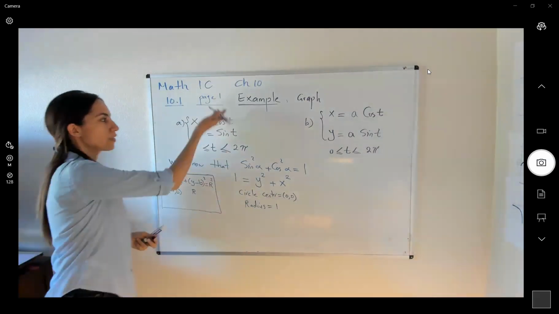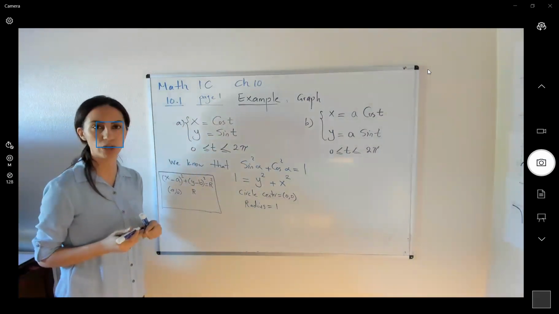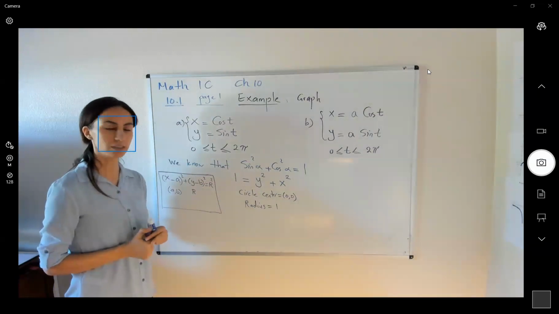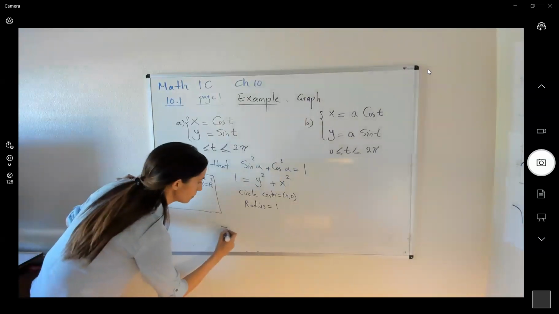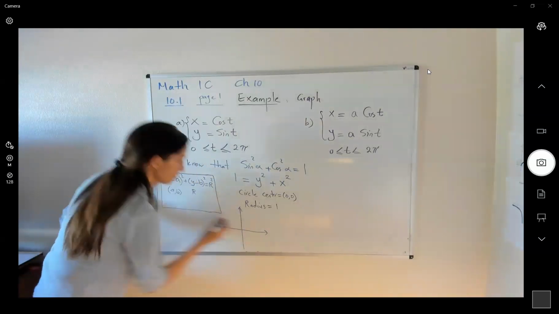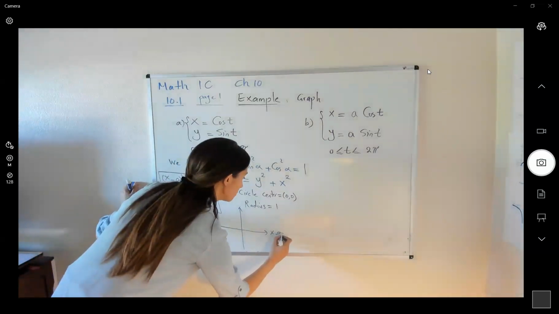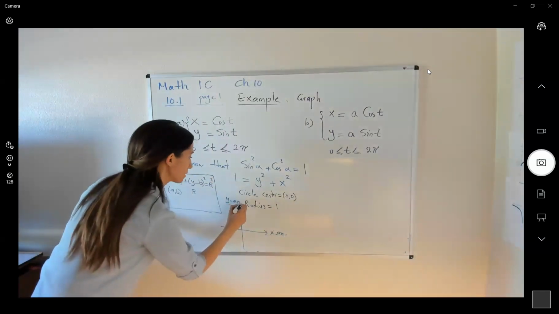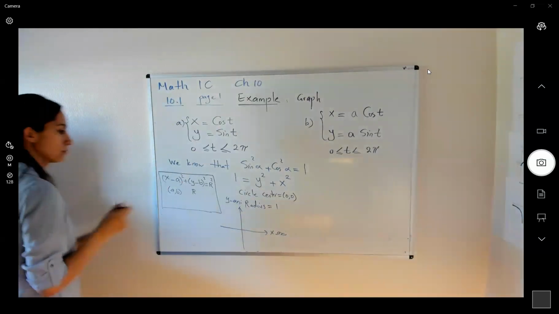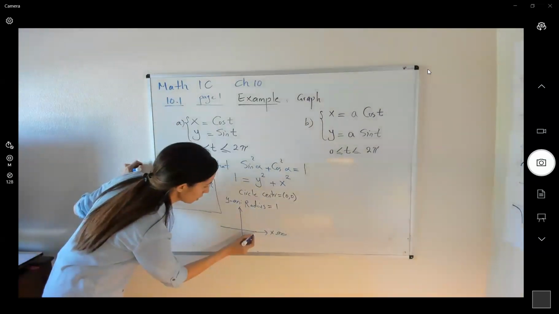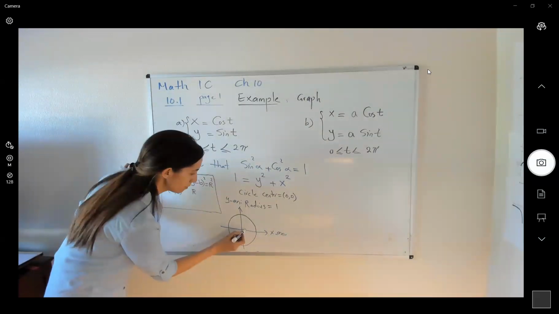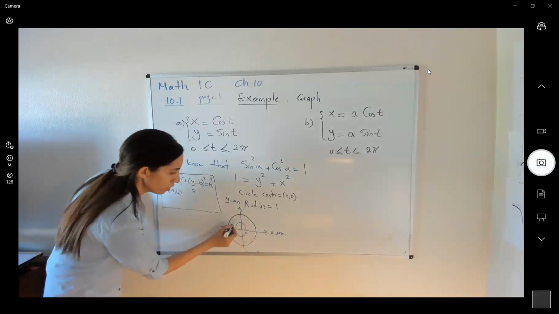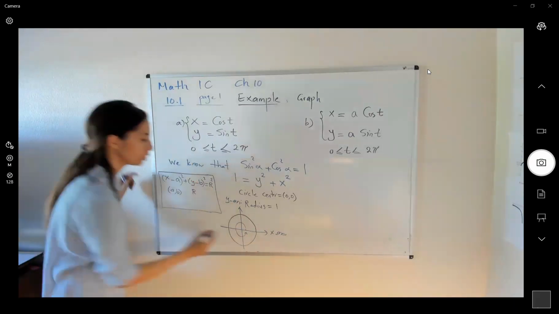We know that this parametric equation is nothing but a unit circle rotated once. This is my x-axis. This is my y-axis. My unit circle. So the angle, or t, ranges between 0 to 2 pi. Unit circle.